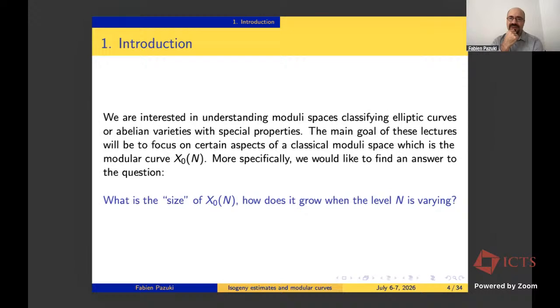How big is that? Is it difficult to find a model of it? Can you describe this X_0(N)? And then if you can do that for any N, or for a family of parameters N, how does its size grow when the level N is varying? This is really the question I would like to understand.